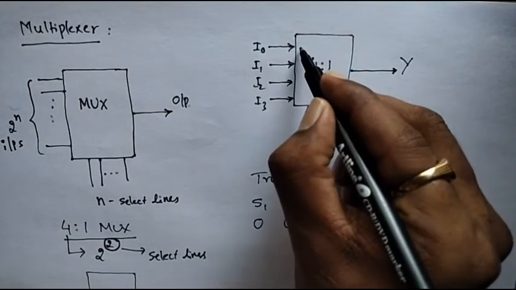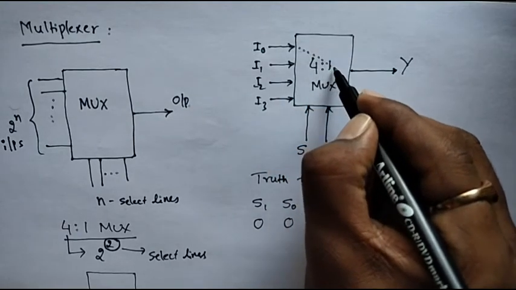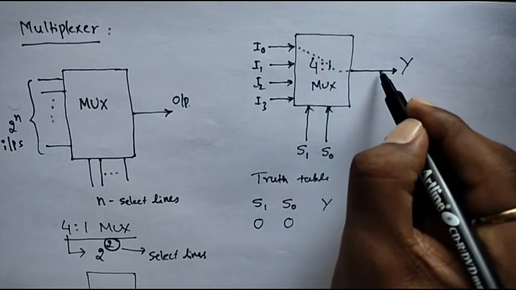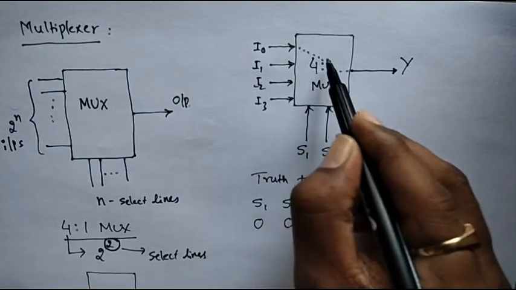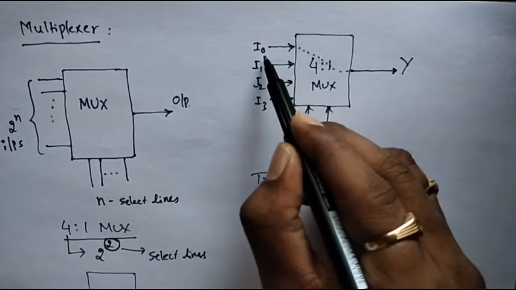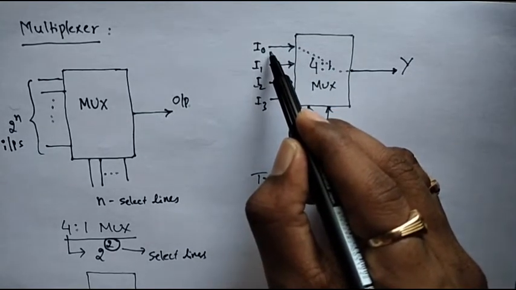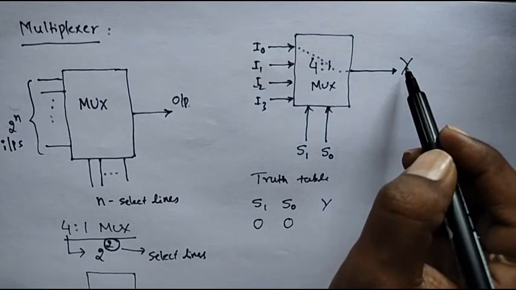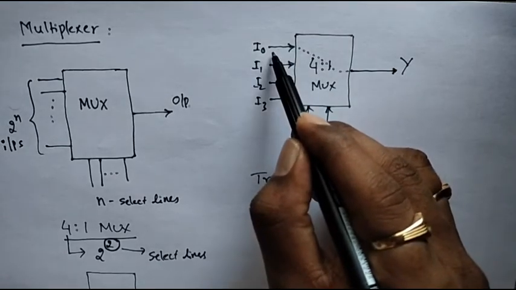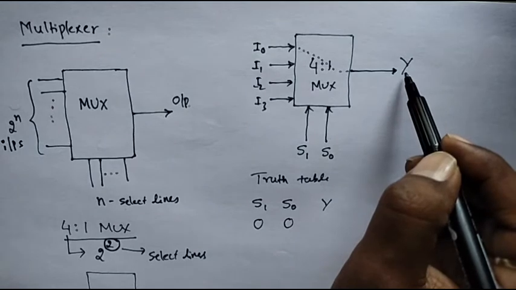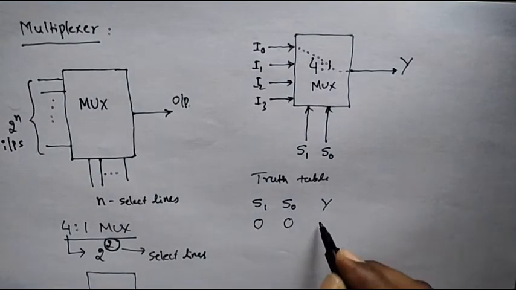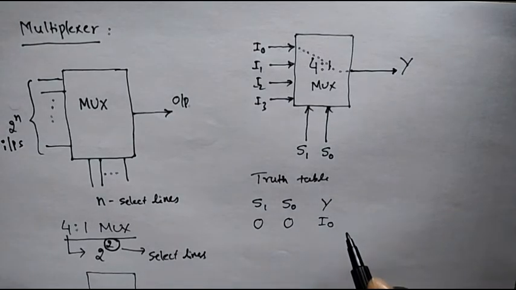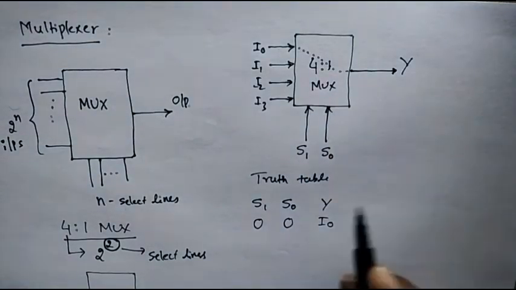The output chooses the I0 line, so that I0 line will be connected to output side. The data given at I0 will pass to the output. That is, if I0 is 0, 0 will pass to Y. If I0 is 1, 1 is passed to Y. This happens when select lines S1 and S0 are 0, 0. Now I can say Y is equal to I0, because I0 will be connected to Y.